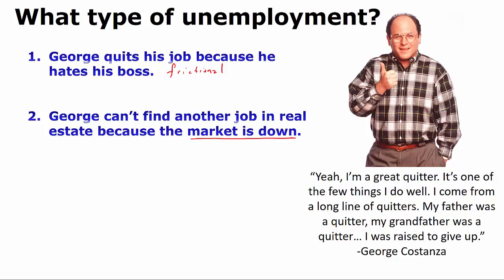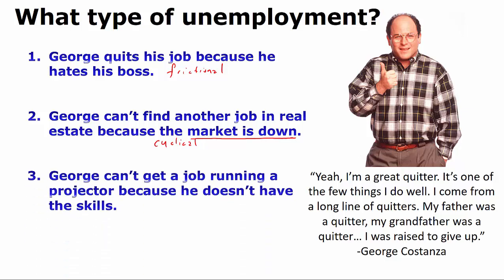Okay? That means he is facing cyclical unemployment. Okay? Because the market is down. Lastly, George can't get a job running a projector because he doesn't have the skills. That means he has structural unemployment because his skills don't match the job he's looking for.